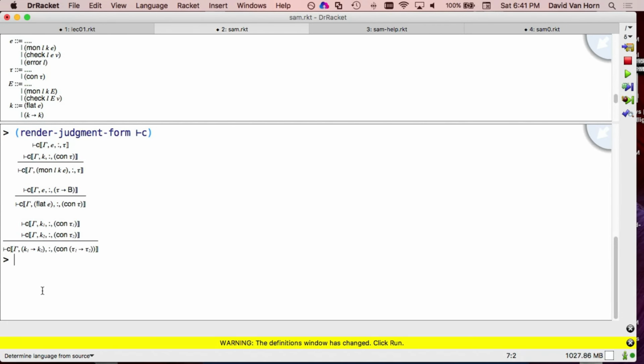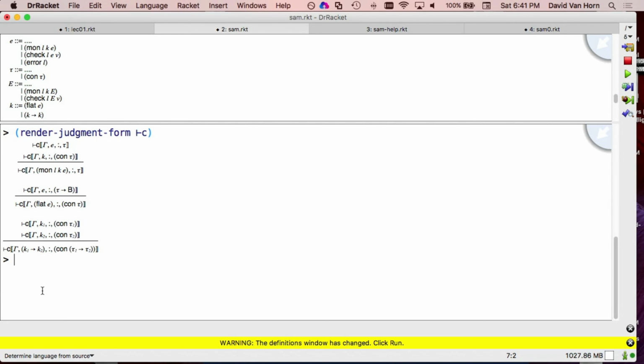And now some of the notation is maybe not what you want, maybe you want to use something different than this kind of S-expression based syntax, and you can write custom printers for your terms and actually make it look quite nice.